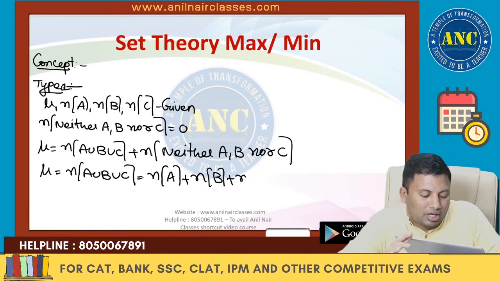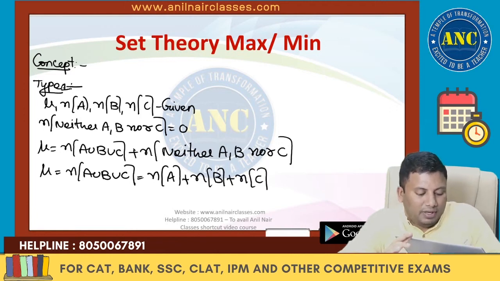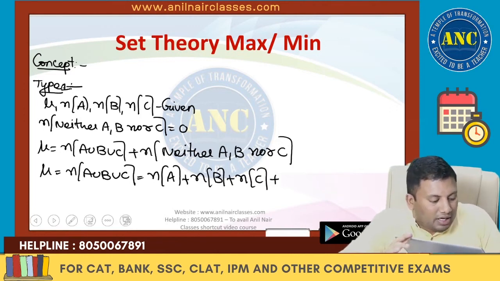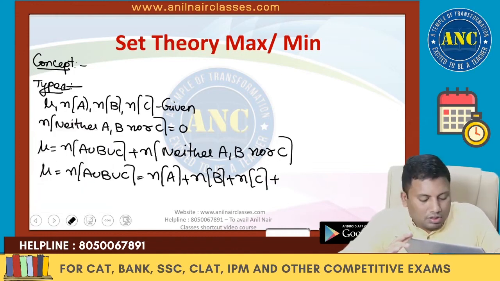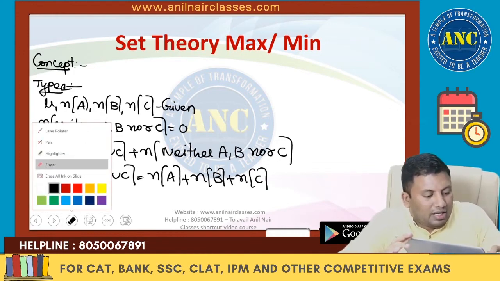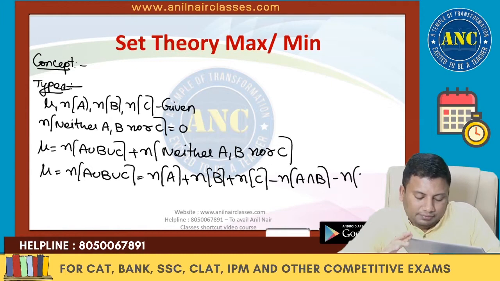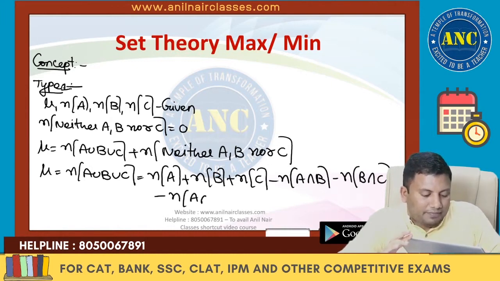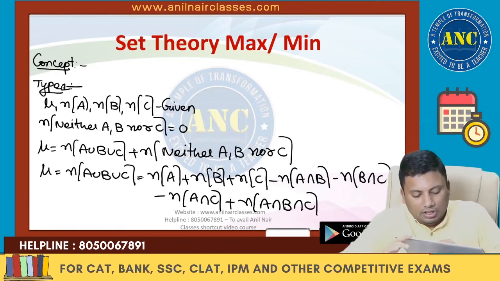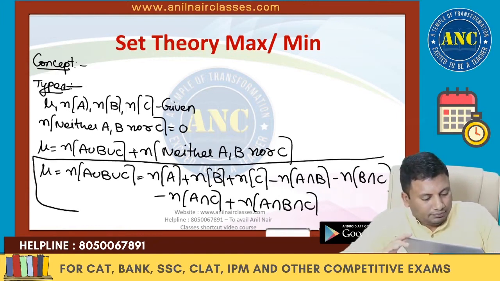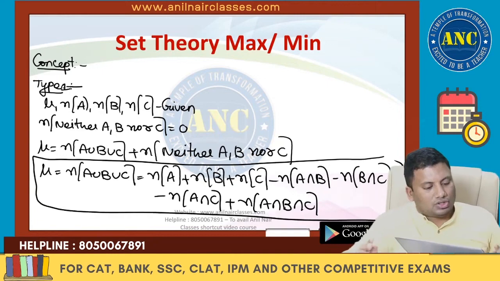So, mu is nothing but n of A union B union C, which according to the fundamental theorem of inclusion and exclusion is n of A plus n of B plus n of C minus n of A intersection B, B intersection C, A intersection C, plus n of A intersection B intersection C. This is something which is required for us to solve the problem.